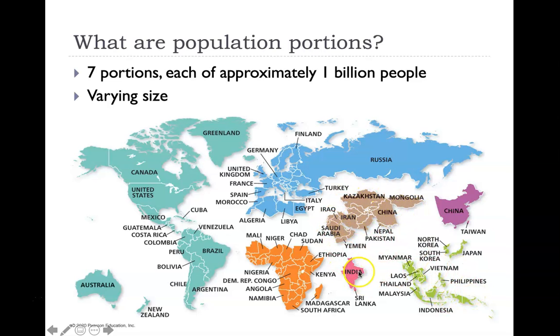Note that 4 of the 7 are in Asia, right? You have Africa, and you have Europe with North Africa, and then you have the Western Hemisphere as 1 billion people as well, right? Again, you see varying size there.